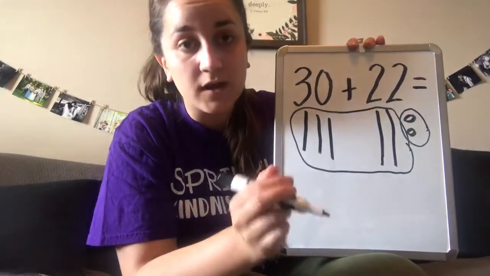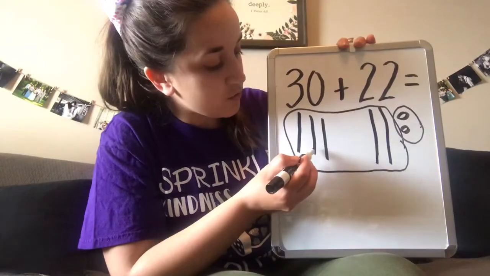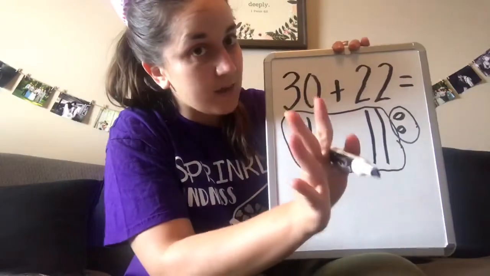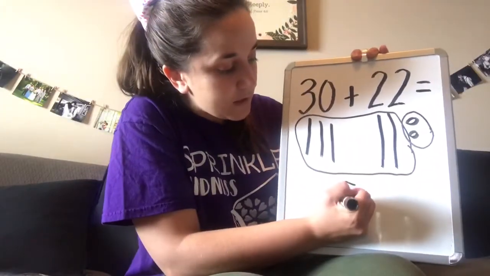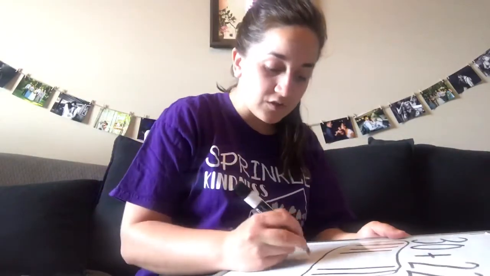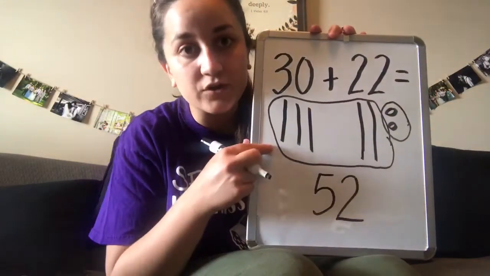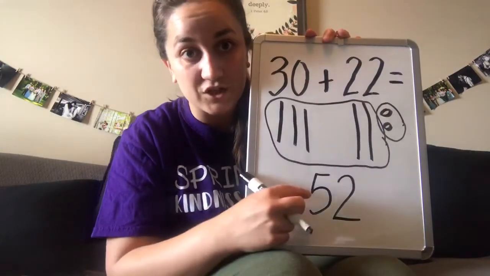Then I count. I always start with my tens. Count with me. 10, 20, 30, 40, 50, stop, 51, 52. So my answer would be, and I'm trying to write sideways, my answer would be 52. So that is an example of one problem. And the way that I did it was I drew a picture. So 30 plus 22 equals 52.